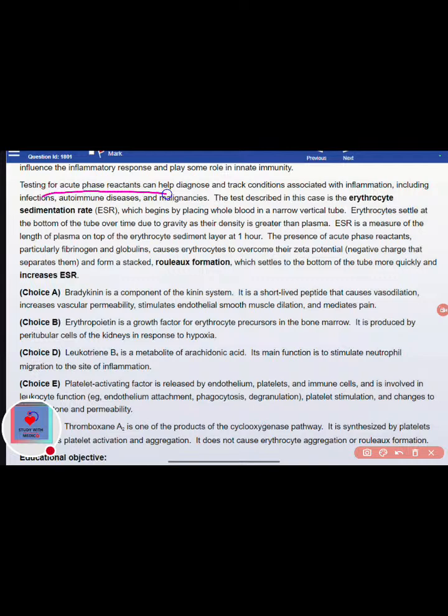Testing for acute phase reactants can help diagnose and track conditions associated with inflammation, including infections, autoimmune disease, and malignancies. This same thing is repeated. So bradykinin is part of the kinin system, a short-lived peptide. It causes vasodilation, increased vascular permeability, endothelial smooth muscle dilation, and mediates pain. Erythropoietin is a growth factor for erythrocyte precursors in bone marrow, produced by peritubular cells.